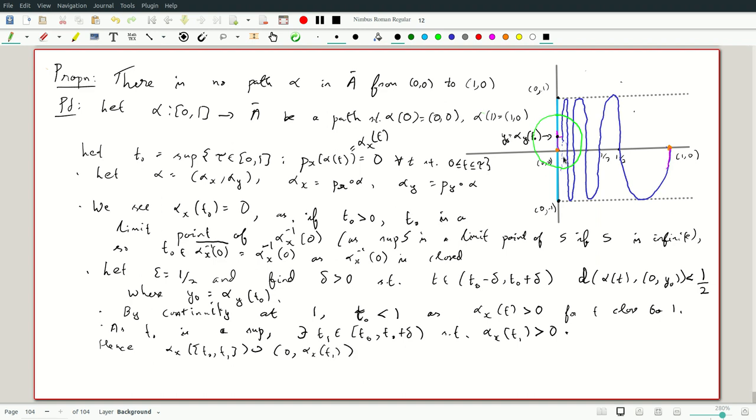But the thing about the topologist's sine curve is it oscillates so much that what we have got is this tiny interval, a little orange interval, which we know is contained in the image of this small neighborhood.